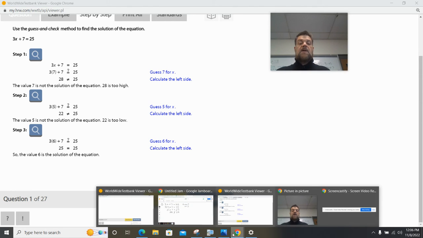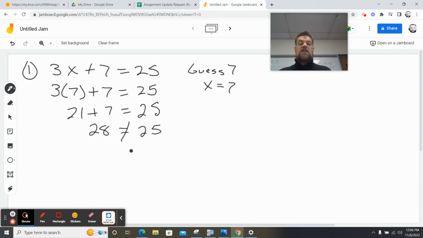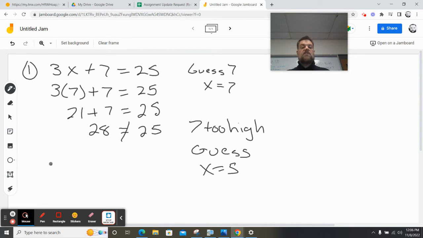So now I'm going to come back here and I'm going to guess with 5. So we'll say 7 too high. Guess x equals 5. We're going with the lower number. So we're going to say 3 times 5 plus 7 equals 25.